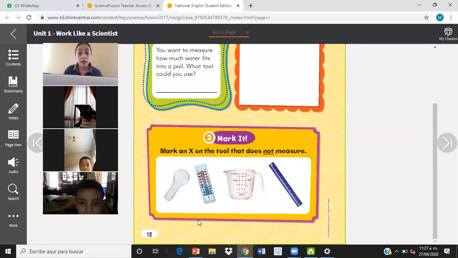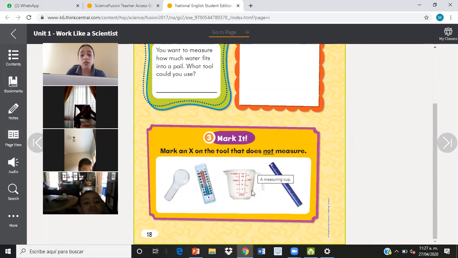Now, number 3, mark an X on the tool that does not measure, okay? We have learned tools that measure temperature, that measure liquids, that measure length or height and distance of something. Now, let's see. Can a ruler measure length? Yes.